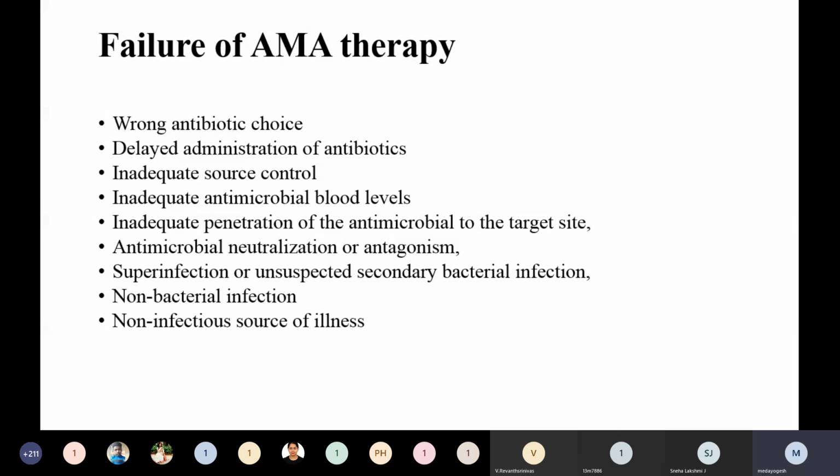The most common cause in children, URTI, is commonly a viral infection, but we go on giving them antibiotics. Or it could be a non-infectious source of illness, like an inflammatory disorder or a collagen disorder, and the patient is having fever. We go on thinking that it is a bacterial infection and we give antibiotics without any effect.